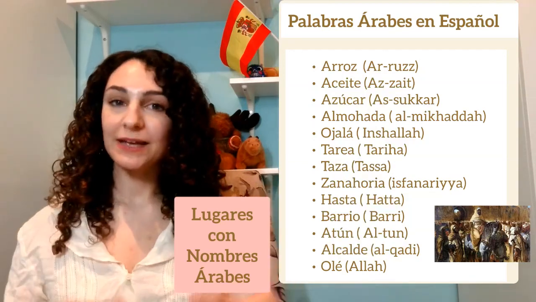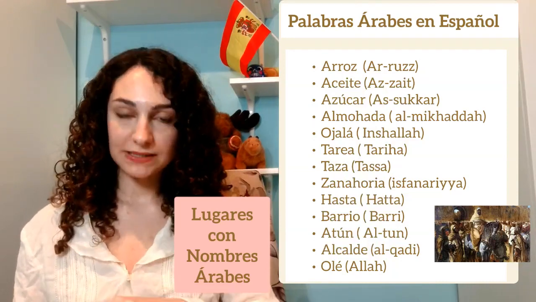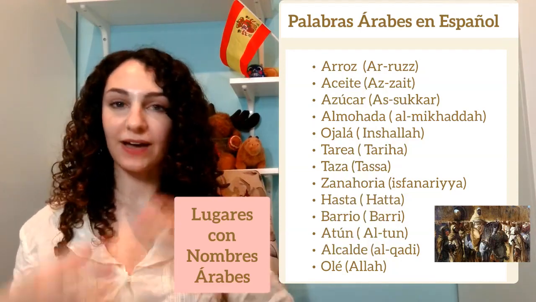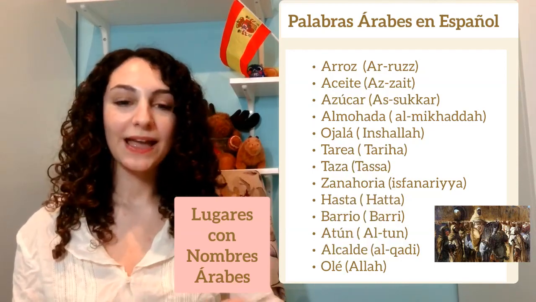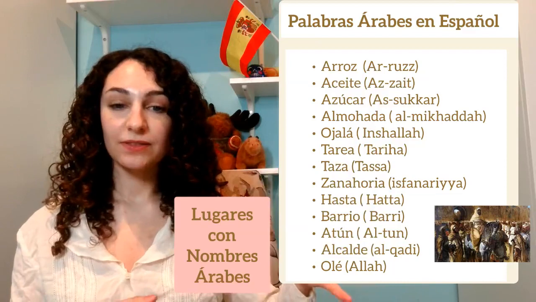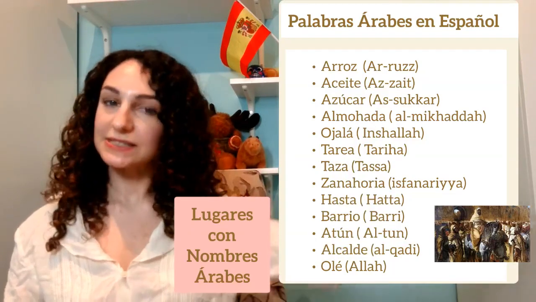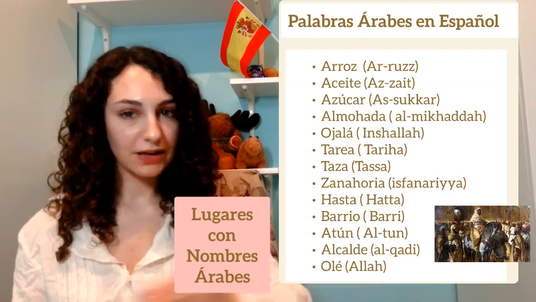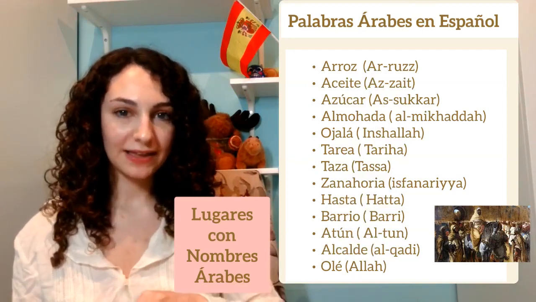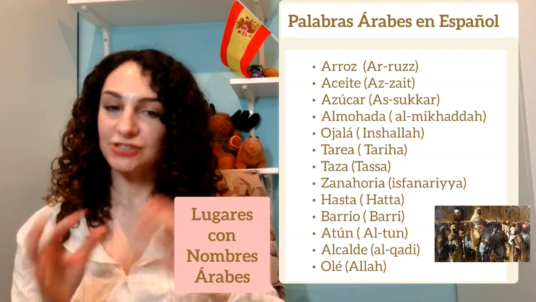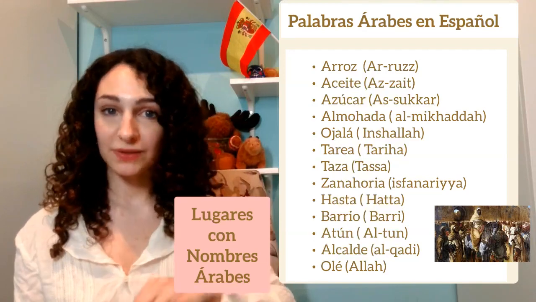So if we think back into the day when the Muslims came and they took over the Iberian Peninsula, at the head of each town, they would have had their mayor, which would have been someone who is Muslim, right? And they would have called them alcalde, but even though the Christians came and they had the reconquest of Spain, they still kept that Arabic word, al-Qadi, and they used it instead just as their word for mayor, even though their mayor at this point wouldn't have been someone who was Muslim.